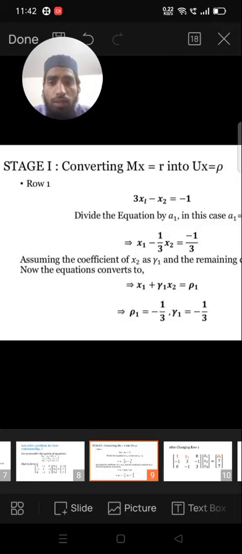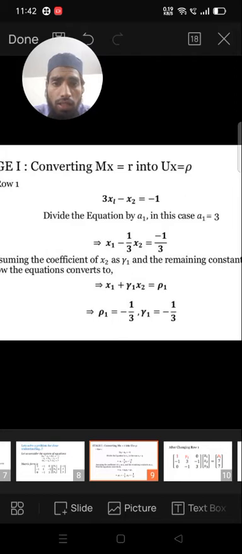Now, stage 1: converting Mx equals to rho into Ux equals to p. Row 1: 3x1 minus x2 is equal to -1. Divide the equation by a1; in this case a1 is equal to 3. So x1 minus 1 by 3 x2 is equal to minus 1 by 3.